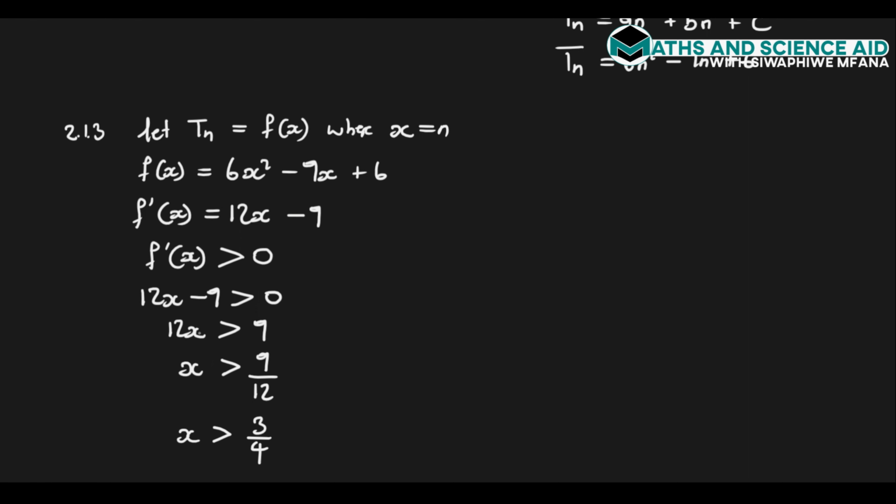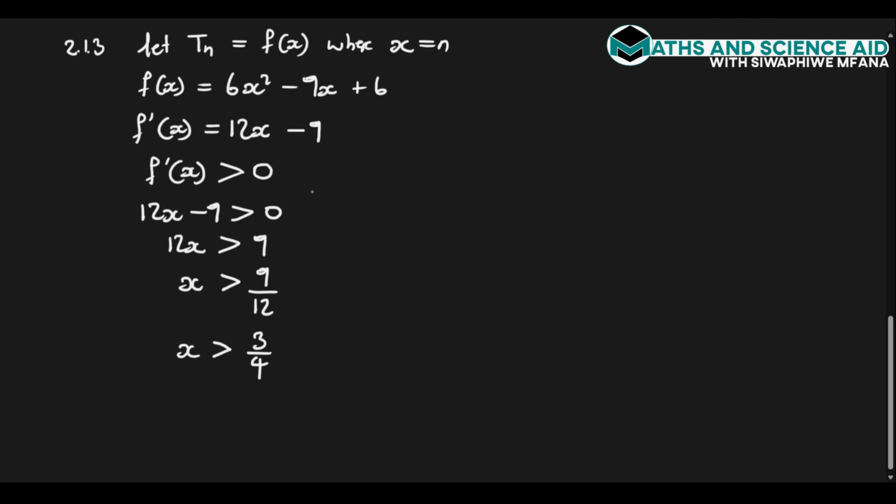Okay, so what does this mean? This means that for all the values of x that are greater than 3 over 4, this function is increasing. Remember that in the beginning we let Tn equal to f of x, where x is equal to n.